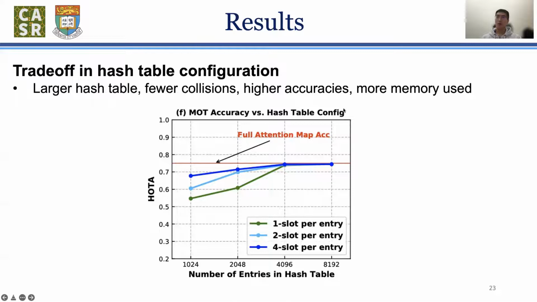However, it will also result in more memory consumption for the hash table implementation. So this figure shows the trade-off between accuracy and the hash table configuration. In our final implementation, we choose the 8,000 times 1 slot hash table configuration without any accuracy loss.